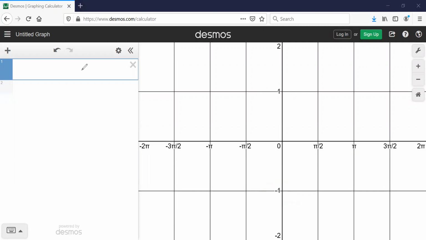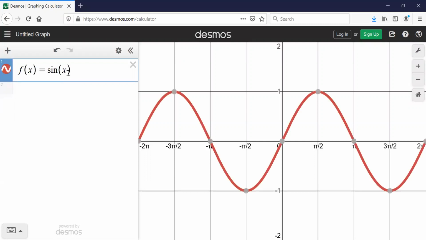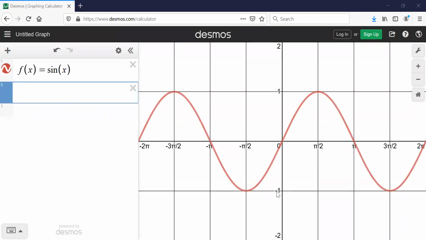And what we're going to do is graph two functions. So we're going to start by graphing f of x equals sine of x. So there's our sine wave. And then before I graph it, we're going to graph a function that I'm going to call g of x, that is equal to sine of 2x.